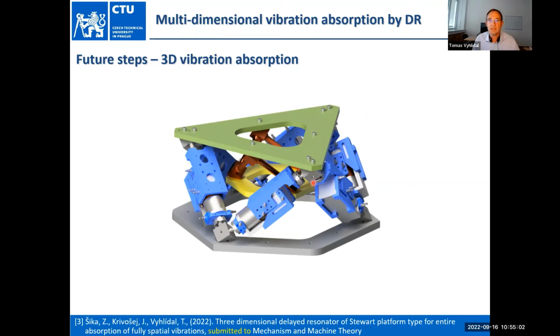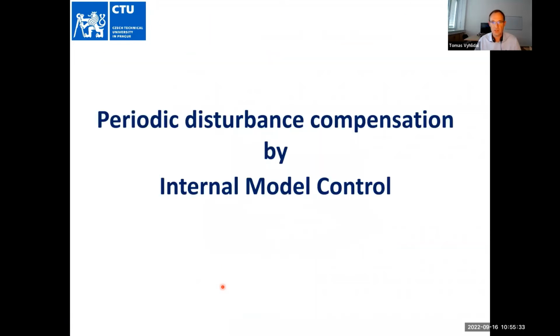In this case, we need six actuators, and in this work, which I only reference, which is actually in review, so you will need to wait a bit, hopefully, we show how to mechanically deal with the design, and it shows that theoretically it's possible. It's not that straightforward. It's quite a complex task, but it can be conceptually solved.